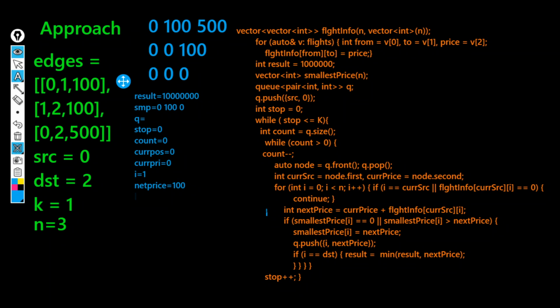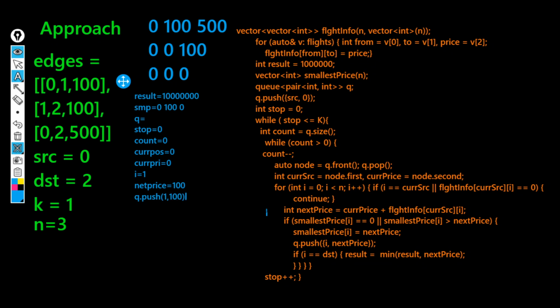But before that I am pushing this current status into the queue. So what will be pushed? The value pushed will be i comma next price. In this case i equals 1 and next price equals 100.